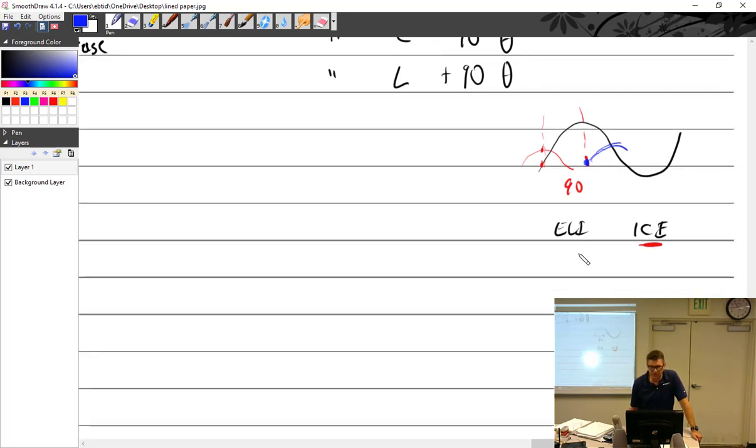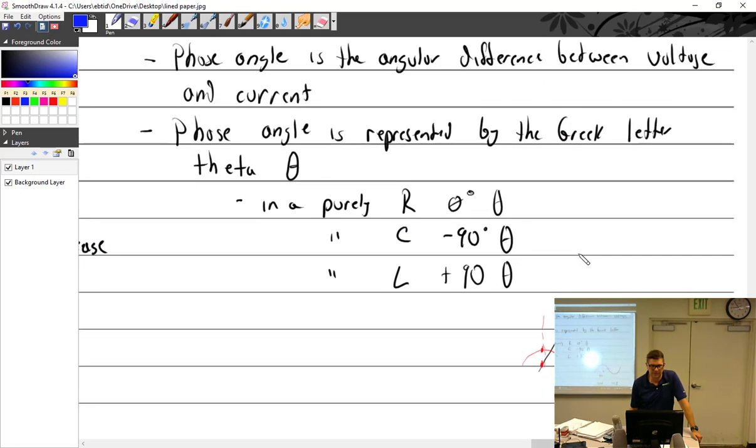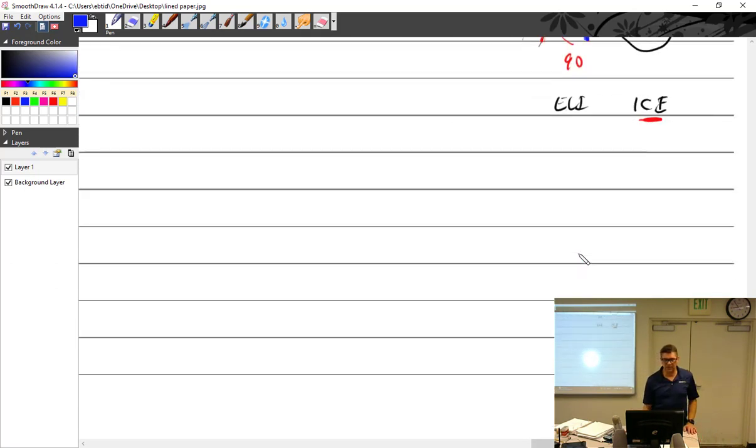So to compute the phase shift in this circuit, we're just going to look at a triangle now. We need a triangle. We're going to use the trigonometric functions. A right triangle is called a right triangle because this is 90 degrees all the time.